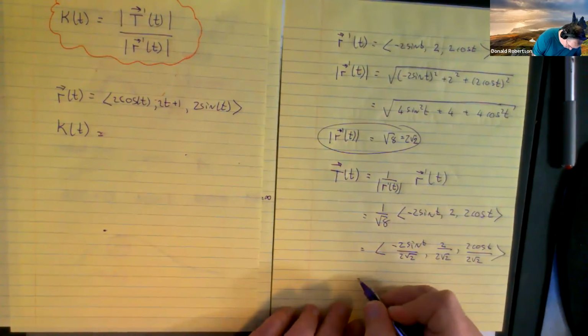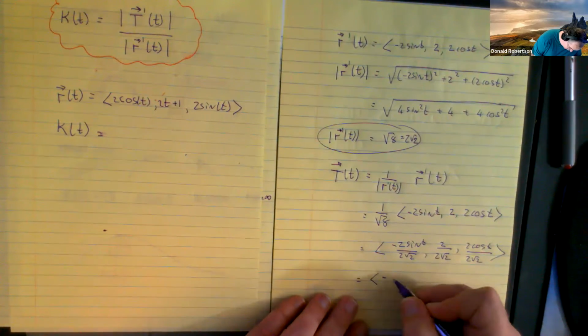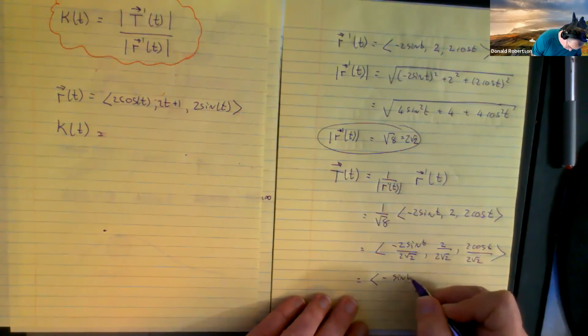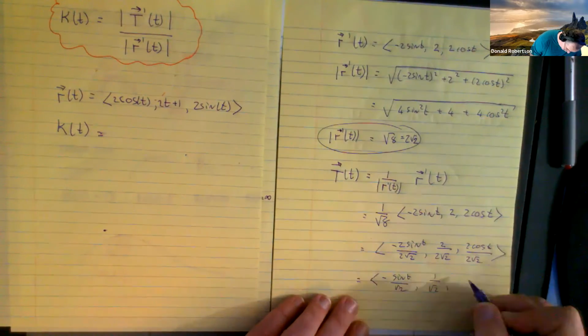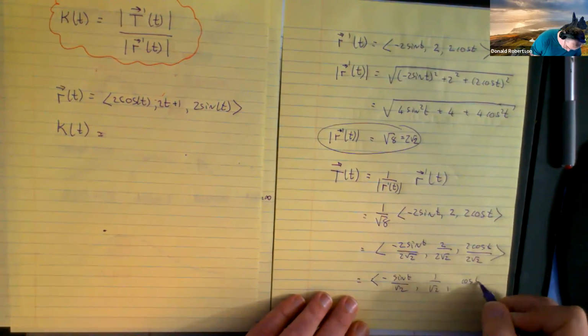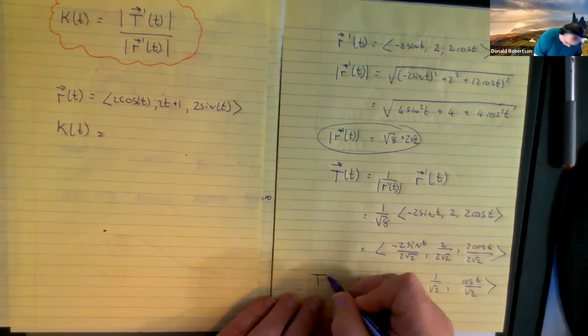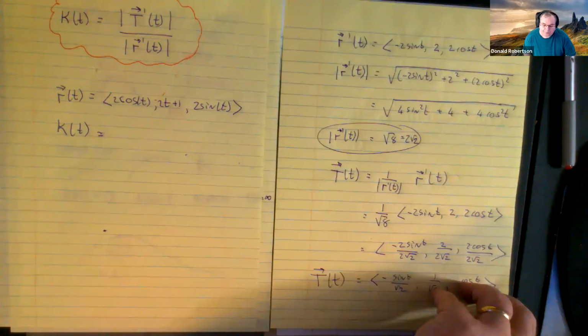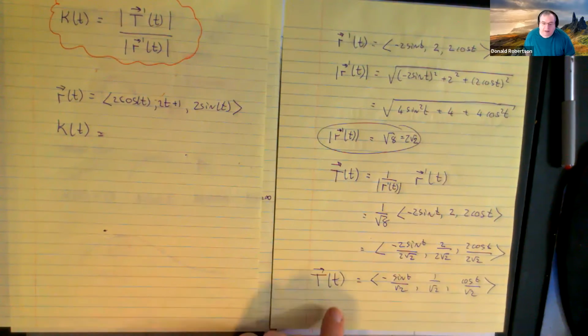Cancel, cancel, and you get negative sine t over root 2, 1 over root 2, and cosine t over root 2. And I'm not going to make any attempt to make that pretty. You can do that in your own time. So far, so good. I now have that guy.